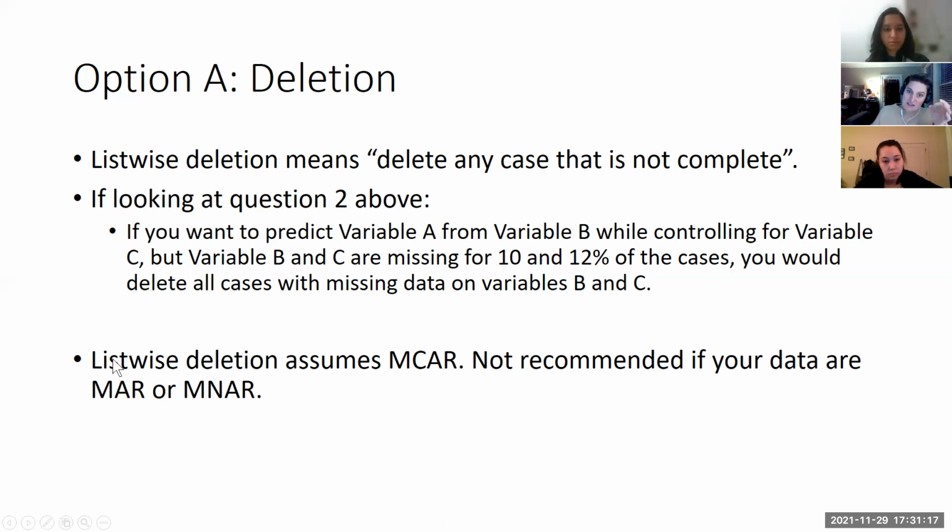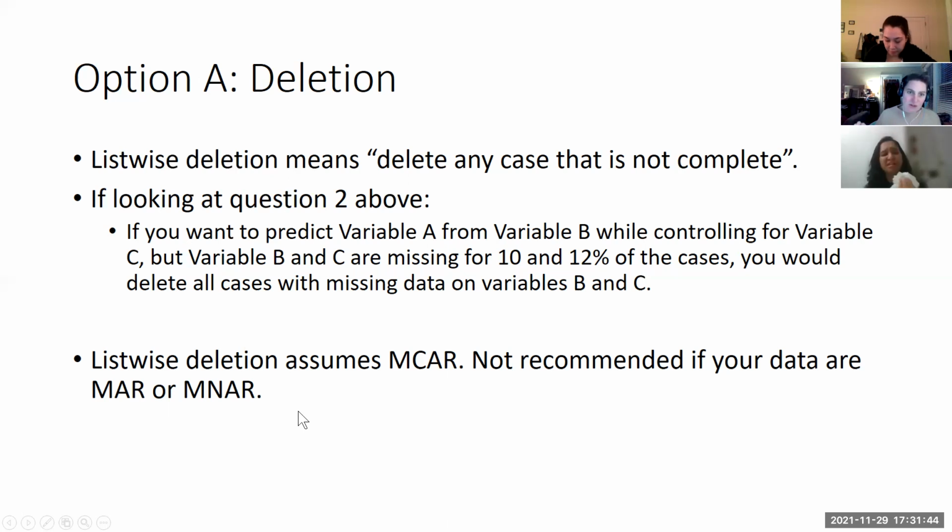Really, listwise deletion is best if you have data that are missing completely at random. It's really not recommended if you have any other type of missingness mechanism because of the generalizability issue. And remember, you almost certainly do not have data that are missing completely at random, which means I don't suggest this method.